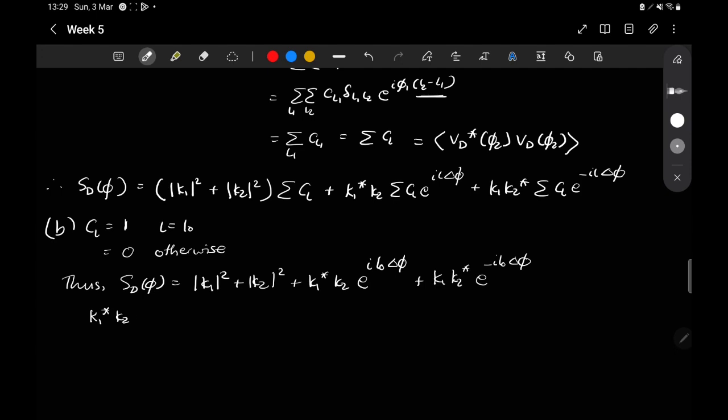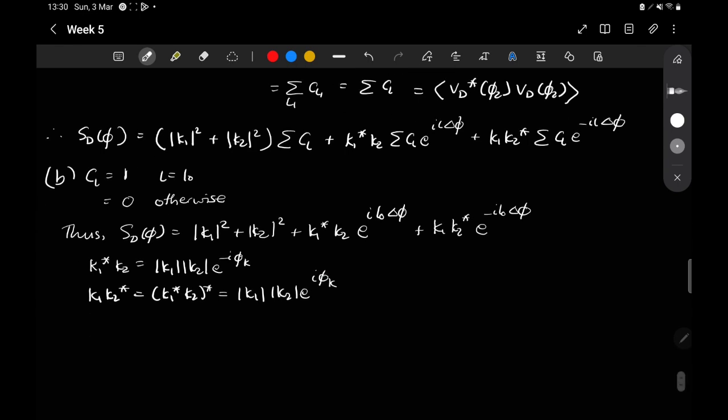Let us look at these terms K1 star K2. So plugging it back into the expression for intensity.